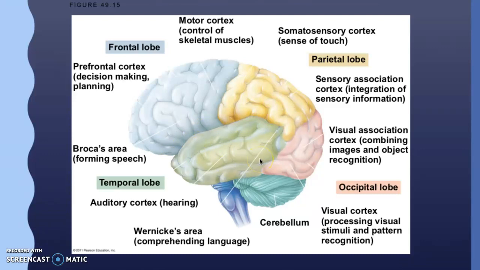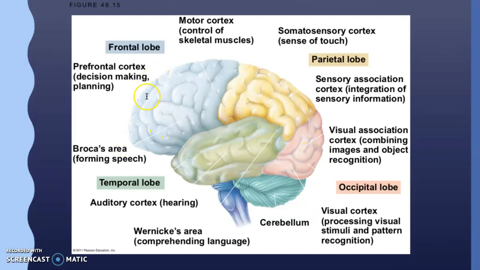People that have injuries to the side of their head sometimes lose the ability to speak or to interpret what people are saying. In the very back, in the occipital lobe, you have the part of your brain responsible for sight. If you hit the back of your head really hard, that can temporarily cause you to not be able to see, or it can permanently cause blindness. Even though your eyes work just fine, the part of your brain that interprets that vision doesn't work anymore.